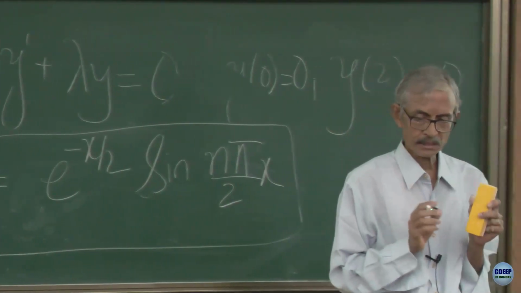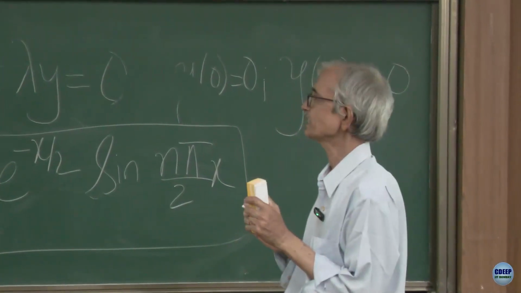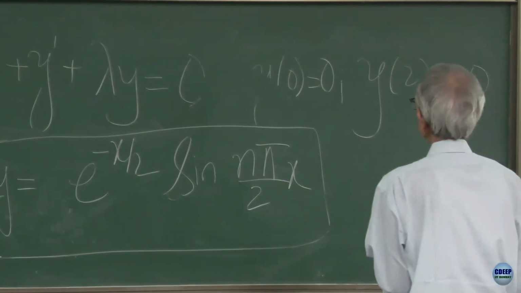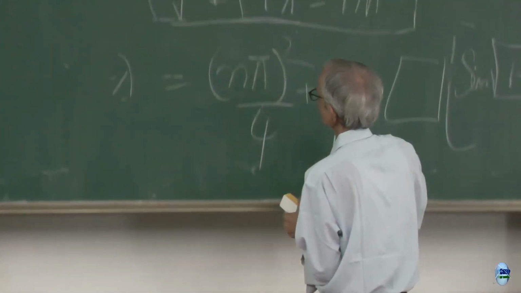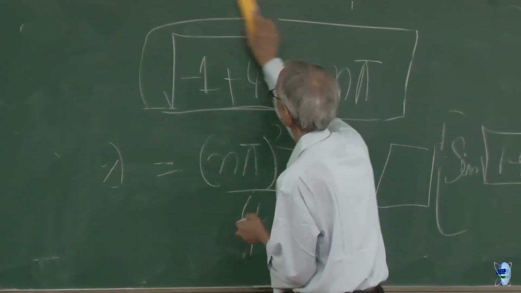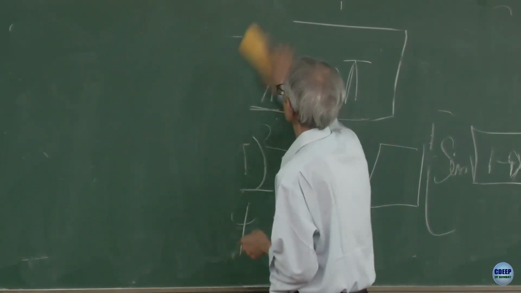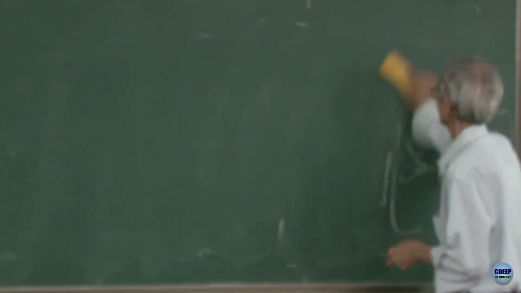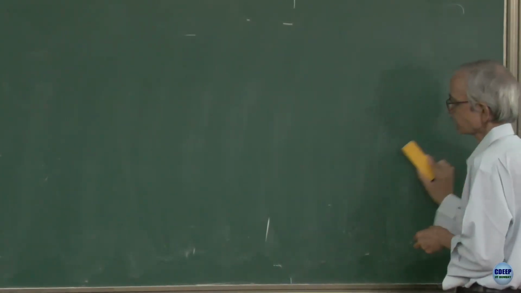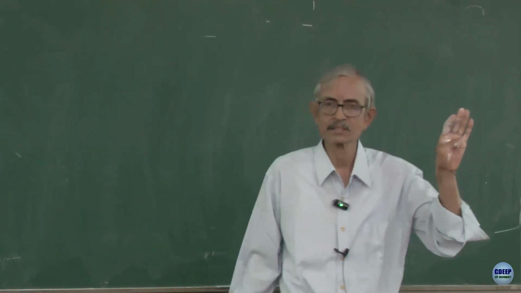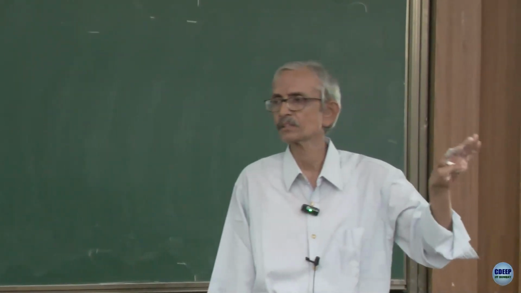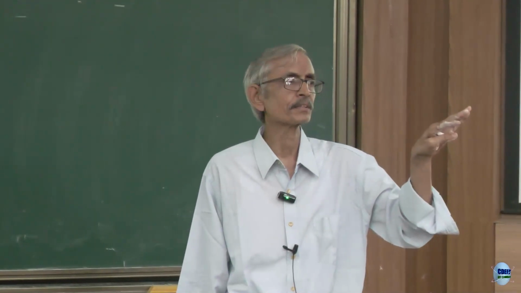Now we have made a big deal about it by saying that this is in the Sturm-Liouville form, and we want to exploit that now. Okay. So what we say is, what happens to the eigenfunctions when I'm having a Sturm-Liouville form of the differential equation?